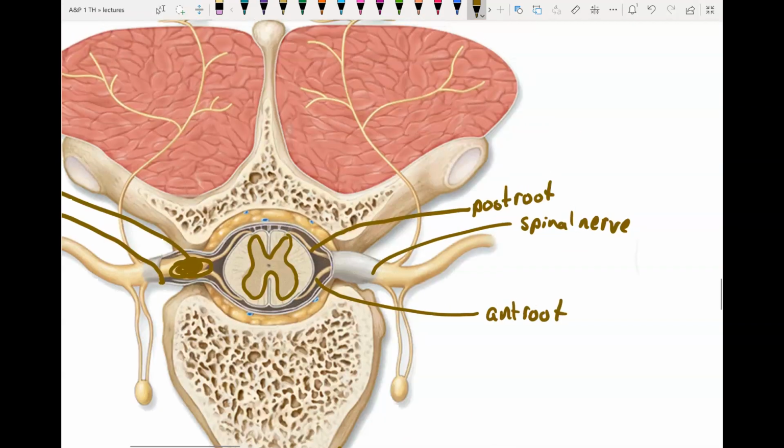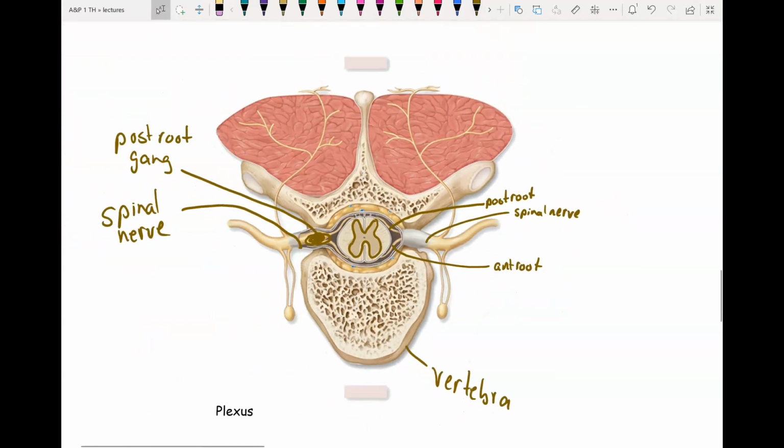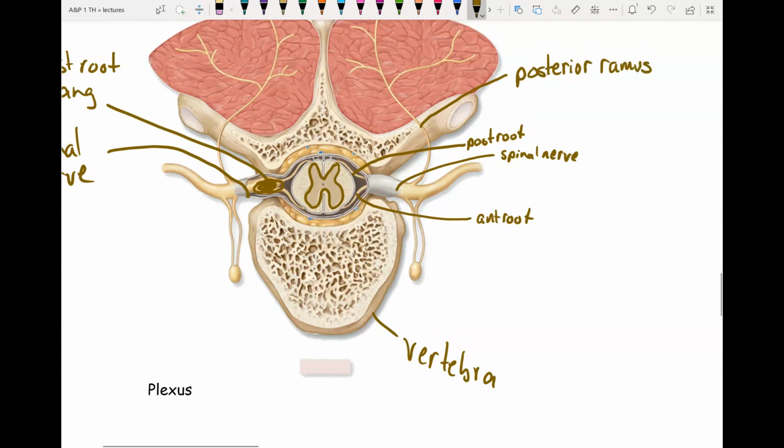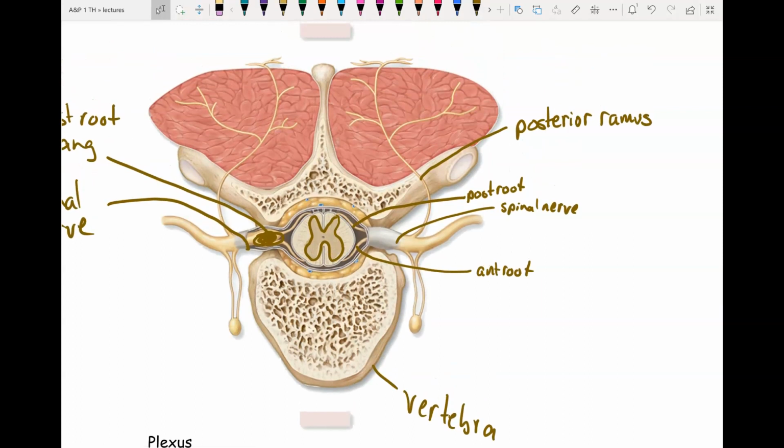Now let's add in some more structures. From the spinal nerve, it starts to branch. This part is a posterior ramus. And it goes to the muscles and skin of your back. So this is the muscles of the back.